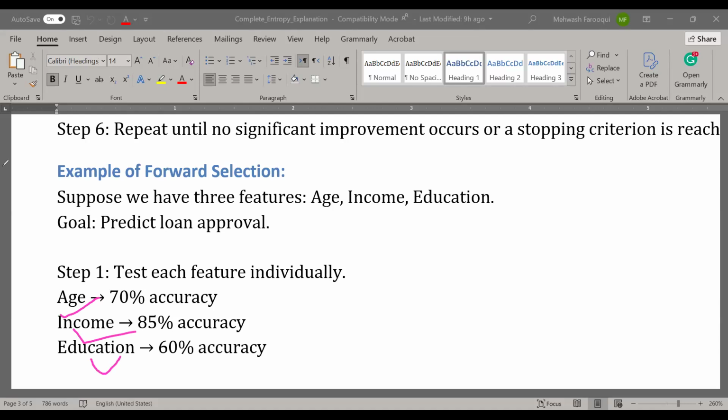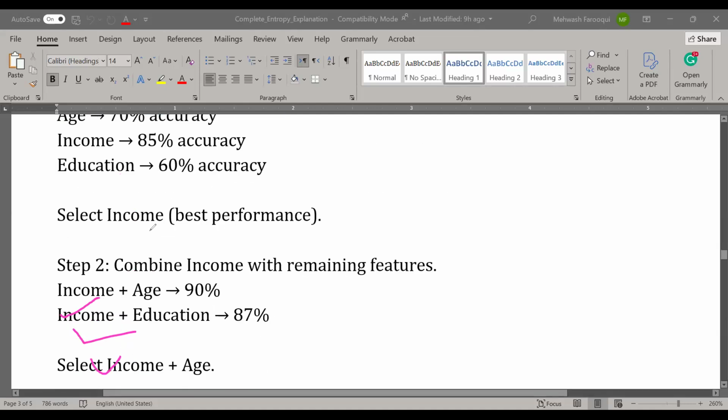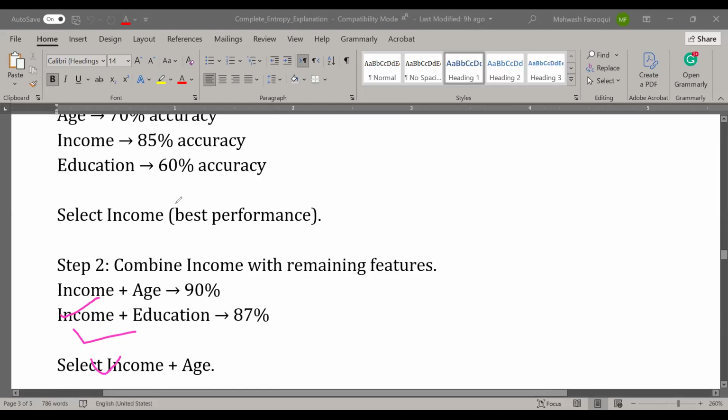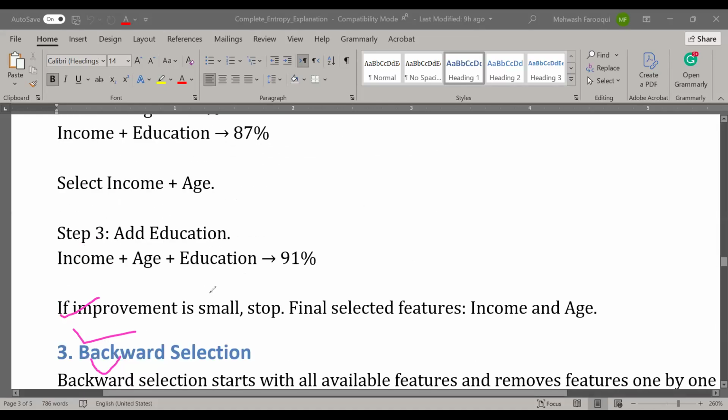Then I select income, because the best performance is income. Then I make the combinations income with age, income with education. Which one is giving good results? Income and age, so I can say this is the good combination. This is called forward. I didn't select at the beginning which combination I'm going to use; I work on all.